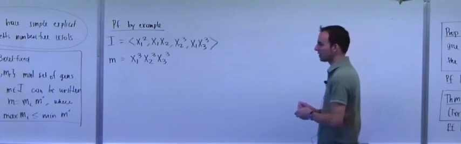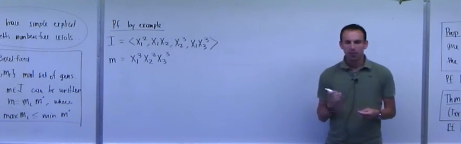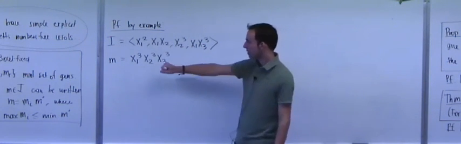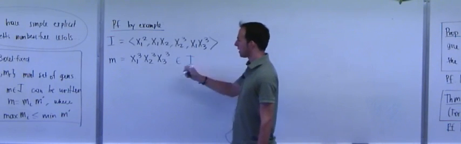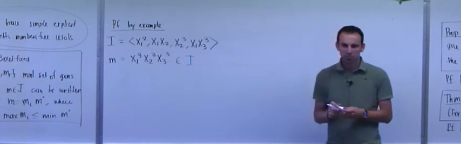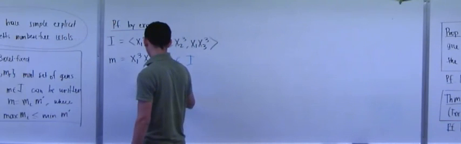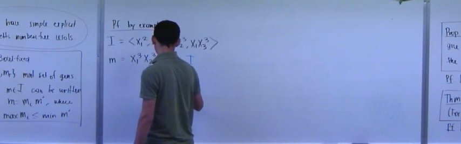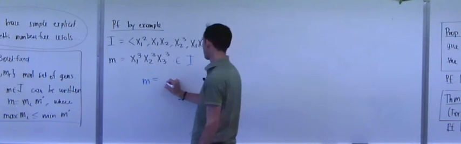I want to write M as a generator times some other stuff. Okay. Now, this M lives in the ideal, right? And that means that I can definitely write it as a generator times some other stuff, by definition, because I am in the ideal. So let me do it in some random way. Let me, for example, say, well, this guy is a multiple of this guy.